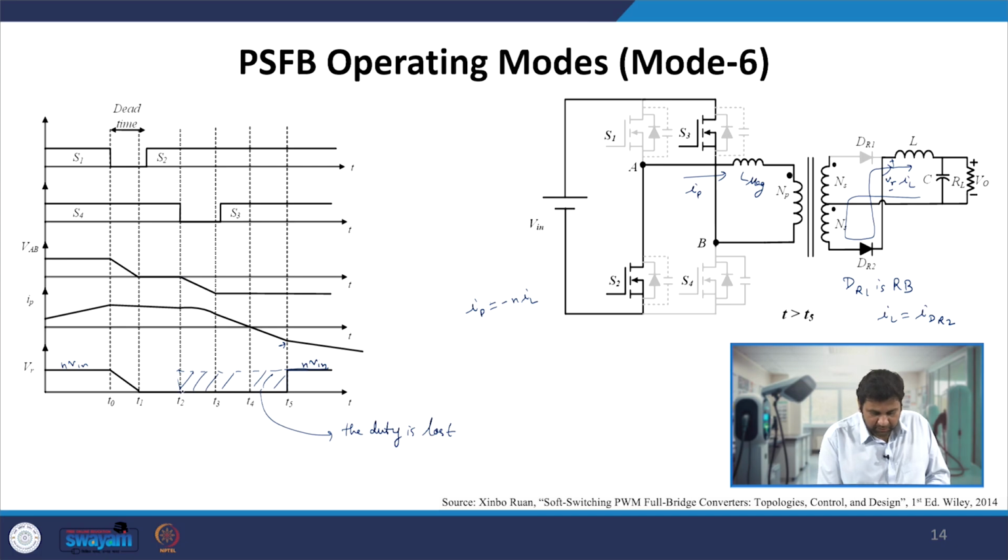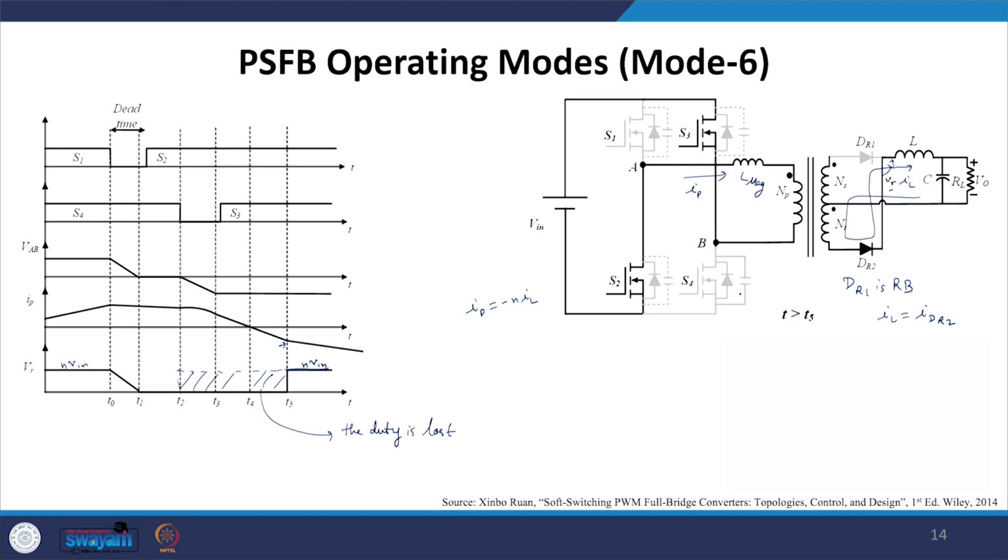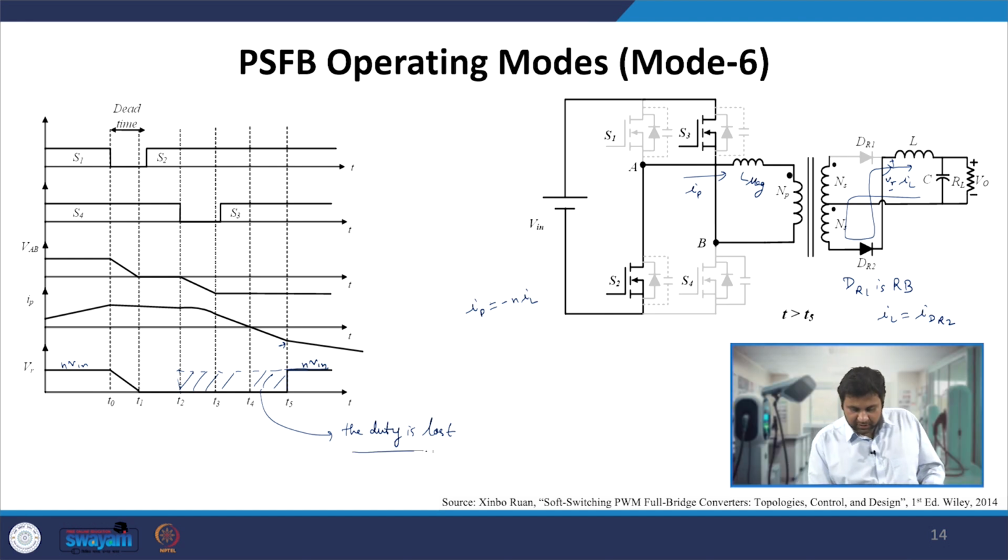because the VAB is coming from here, but because of the non-idealities, that means because of the capacitance of these devices, and because we wanted to achieve the ZVS, zero voltage switching of these devices, we have to lose something, which is nothing but the duty ratio. Some duty is lost.